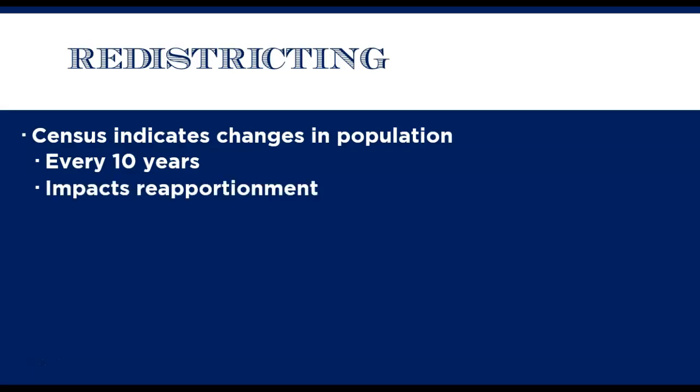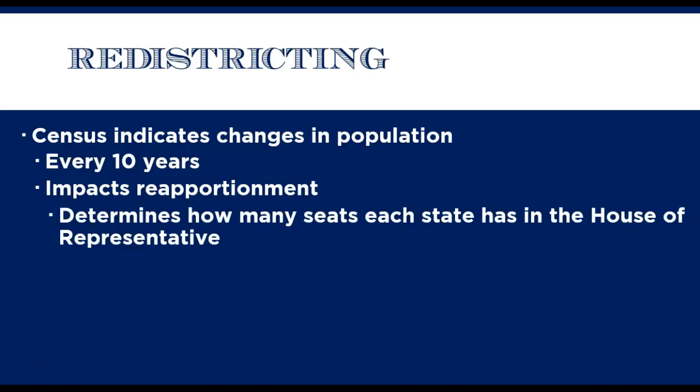And this impacts reapportionment, okay? Because based on the census, they're going to divvy up those 435 spots among the states, based on how many people you have in your state. Population determines how many seats each state has in the House of Representatives.